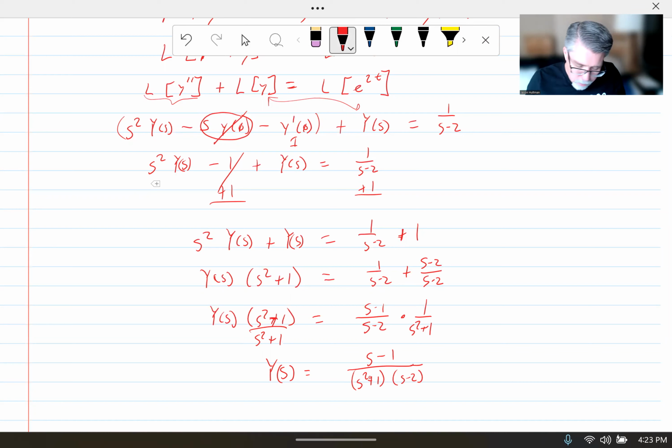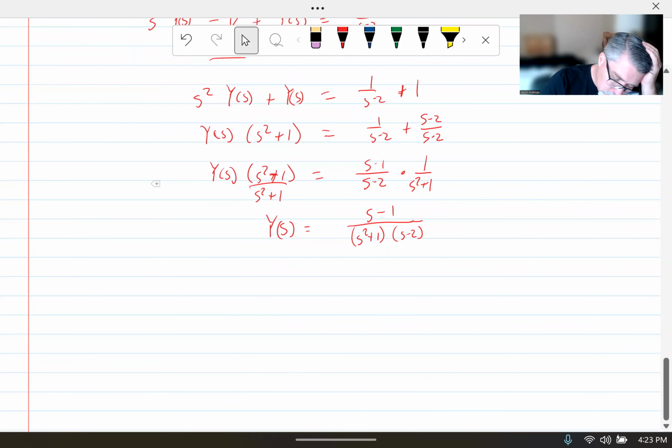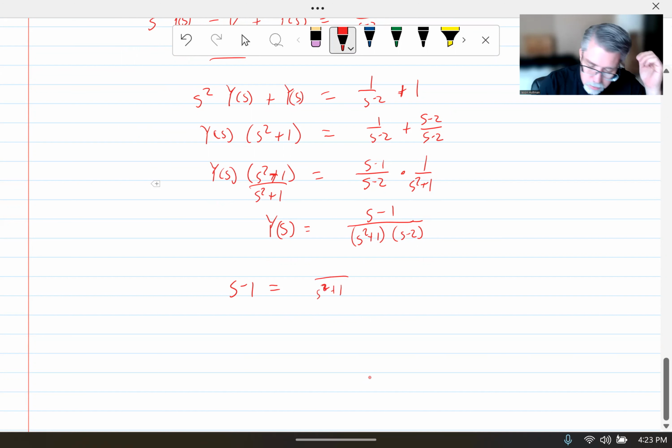Okay, and then once again, we're going to use partial fractions on this. And so I get s minus 1 over, now the denominator here is s squared plus 1, and I have to take into account that when I do partial fractions, it has to be one degree less. So if I have a quadratic, I have to have a linear.